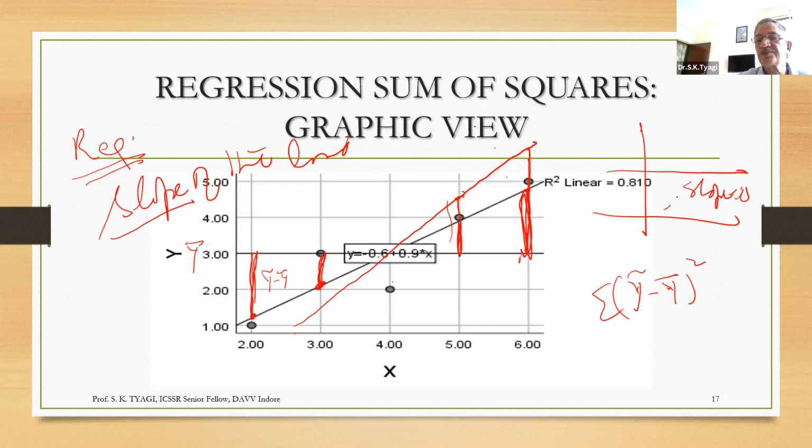If the mountain has a very high peak, then your slope will be steep like this. But if it is a hill, you will travel like this. So slope is the regression coefficient, and this represents the regression sum of squares.